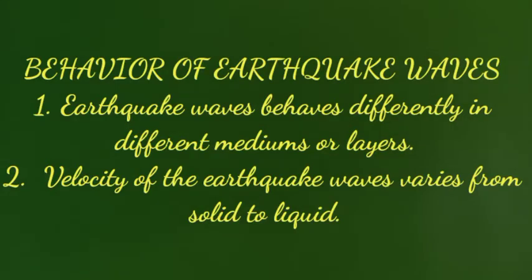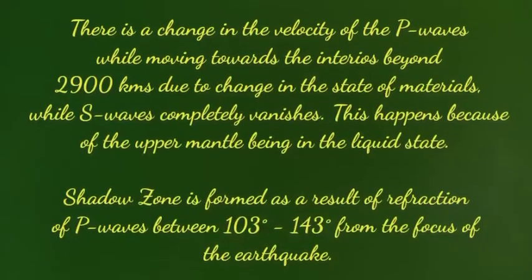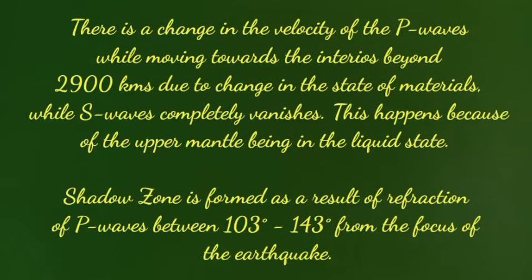We in fact witness changes along their way when they traverse from one state of matter to another, either from solid to liquid or from liquid to solid. So just to make note, P waves and L waves can travel in all the mediums, but the S waves cannot travel in liquids. They can only travel in solid.